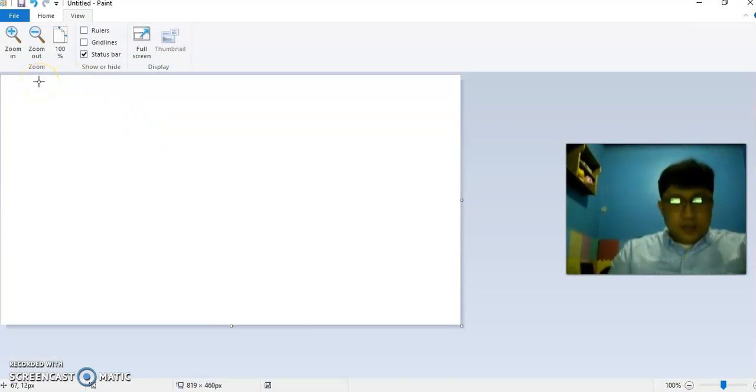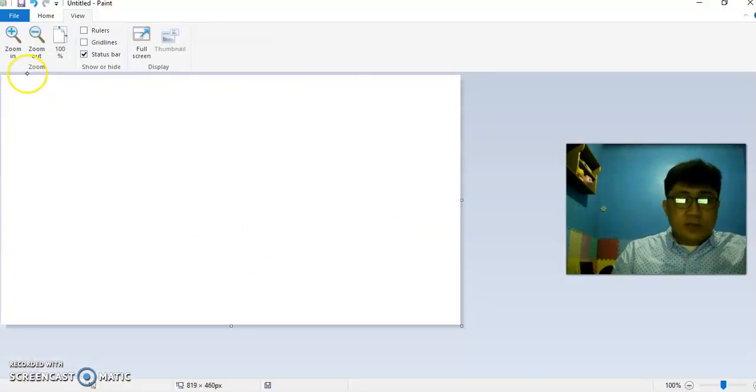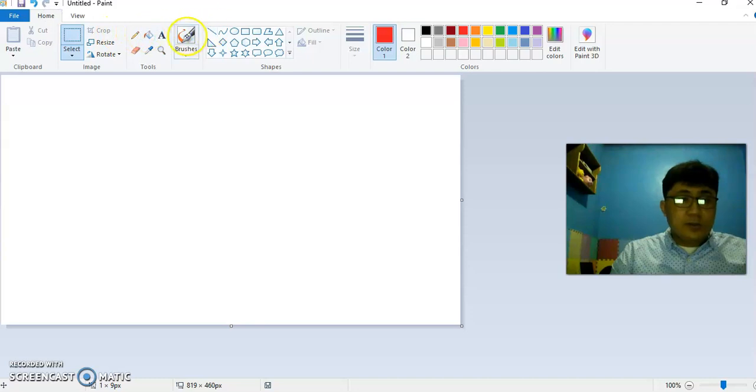So now let's look at our given, which is dx over dy. We have to write this one. Sorry, we have a brush, change the size, color is black.